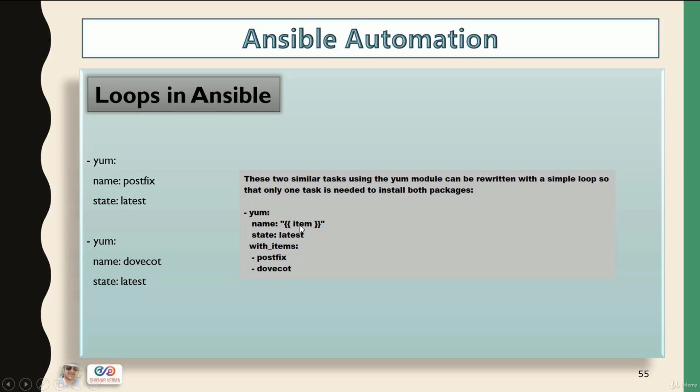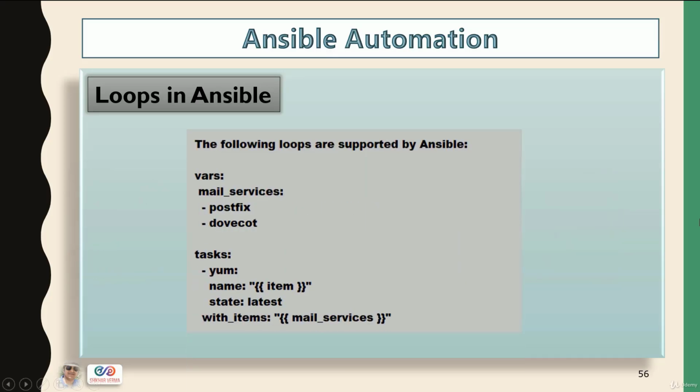-yum name, and this is my variable name, state latest. So what are the values that is for this variable? Here you can define with_items, that is your postfix and dovecot. So when you execute this one, it is going to install both of your packages. The next example is this one. You can also define the loops in this way as well.